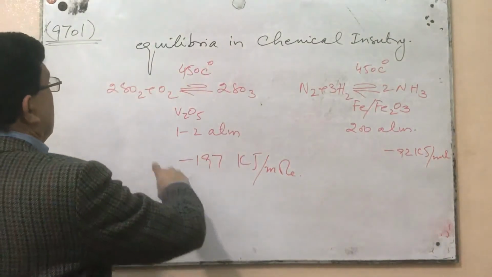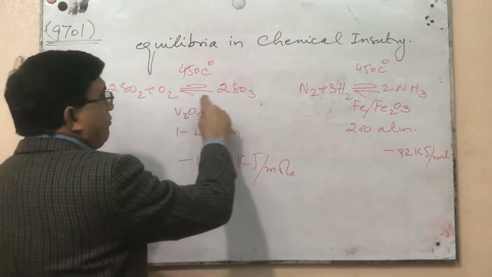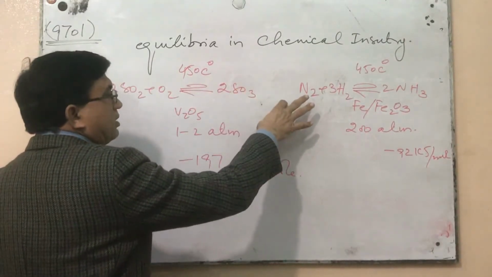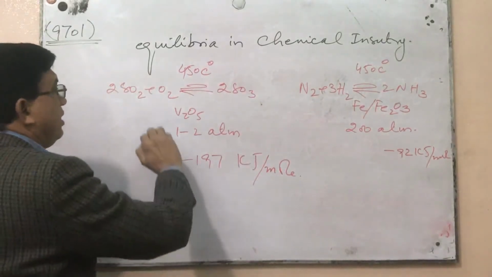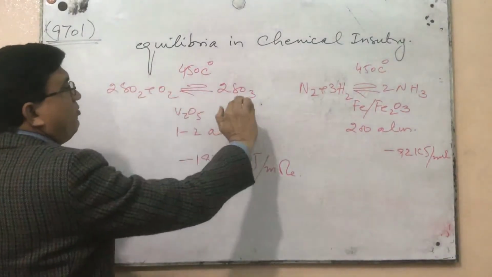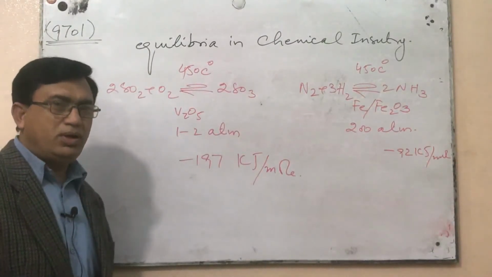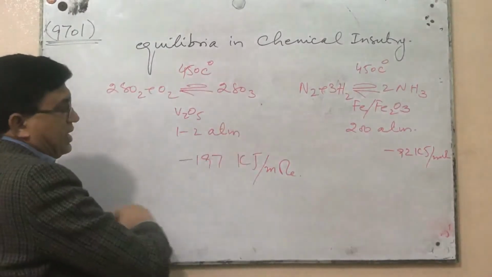The same factor: if we increase the concentration of reactant, the reaction will move in the forward direction, or if we remove the quantity of products from the reaction mixture, then again the reaction will remain in the forward direction, and in both cases we want to produce maximum products to get the maximum rate of the reaction.